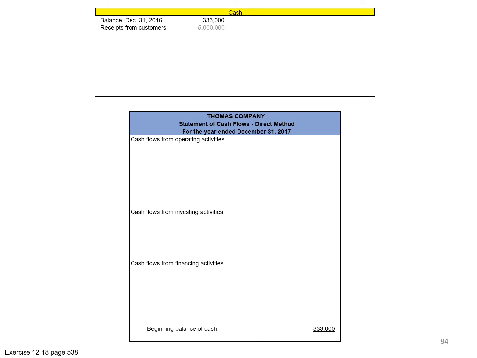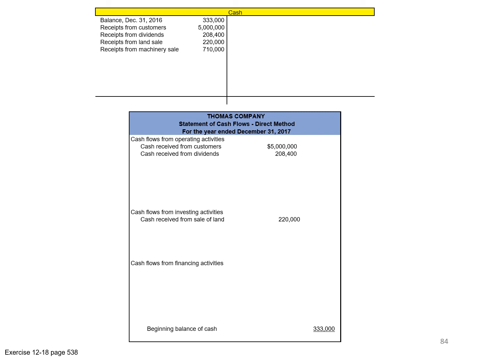They tell us our receipts from customers are 5 million, so that goes in operating, right? They tell us our receipt from dividends is $208,400. That is an operating activity. It's dividends we've invested in the company, and it's on our income statement, so it shows up in the operating section. Receipt from land sale, that's investing, right?